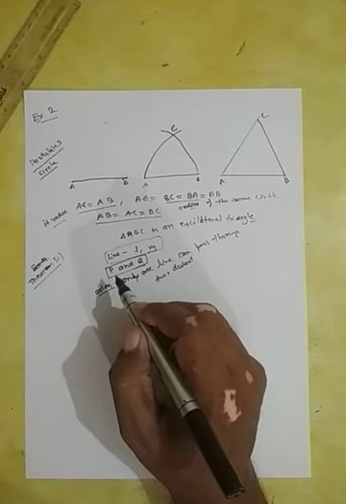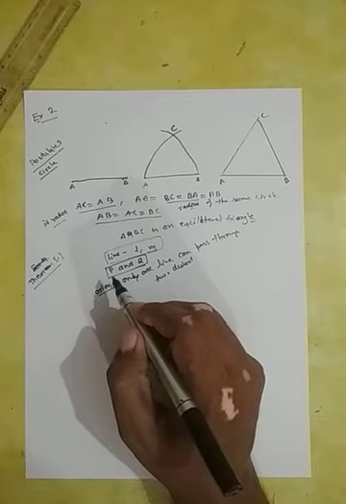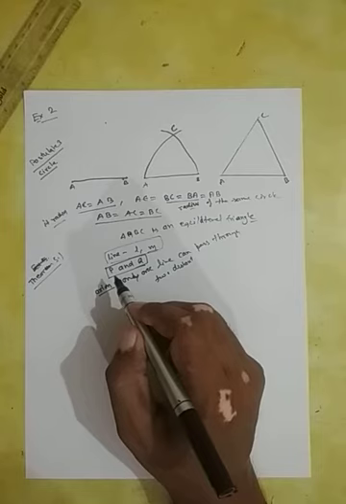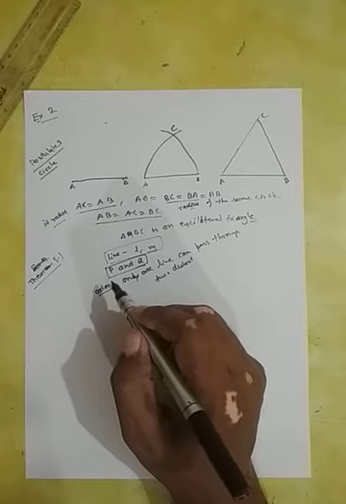So we say firmly that two distinct lines cannot have more than one common point.